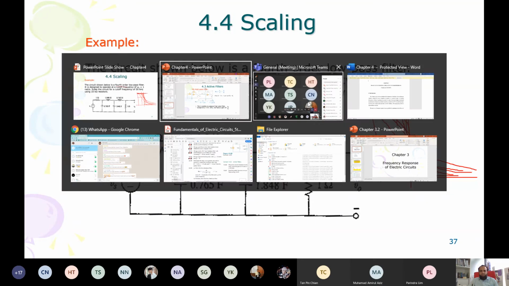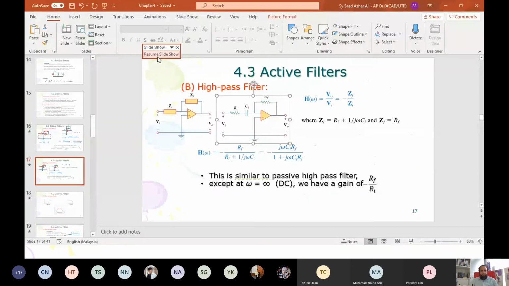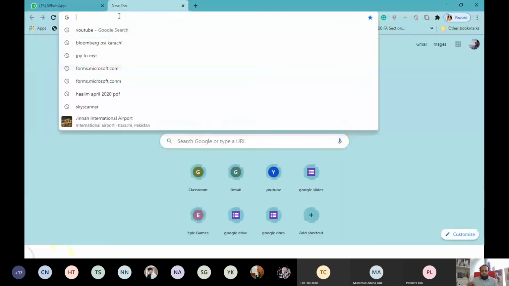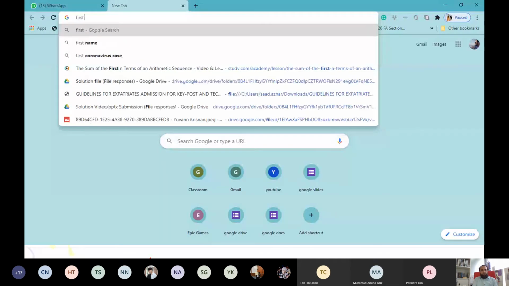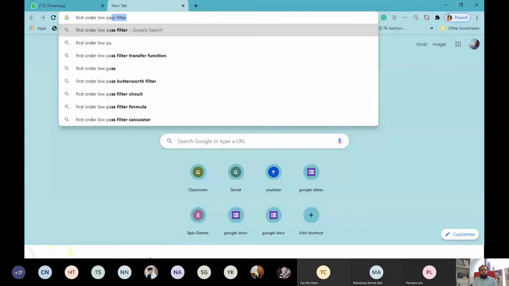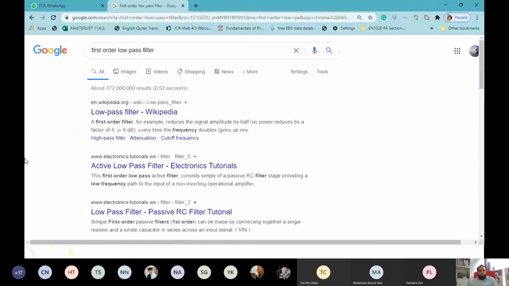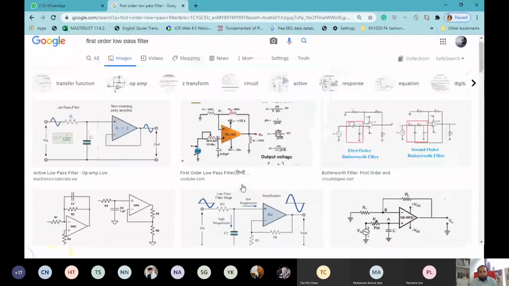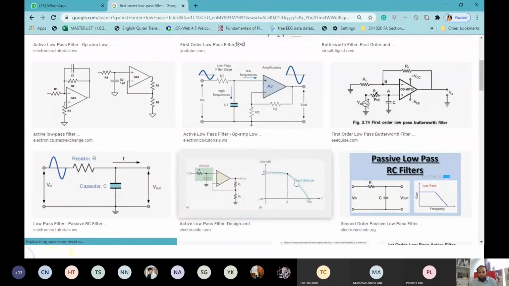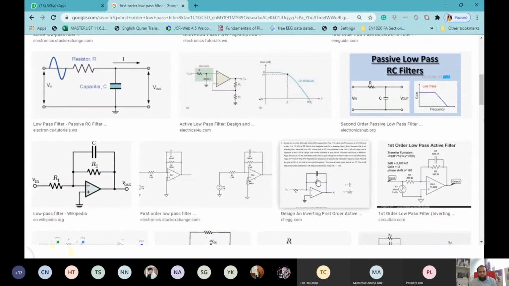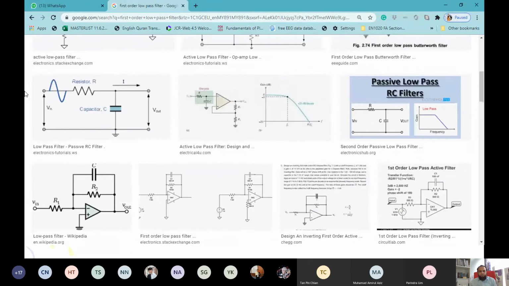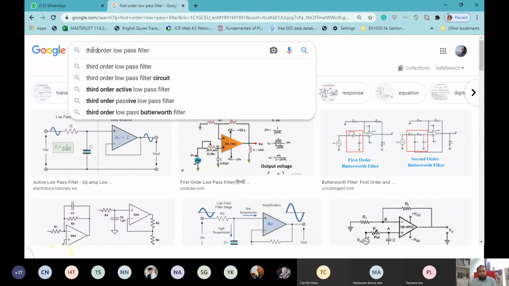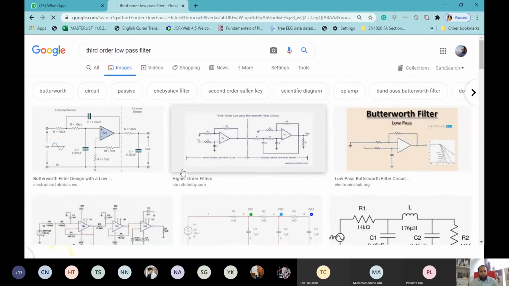Can I find some? Where is? First order low pass filter. See, this is very lousy, but third order low pass filter.